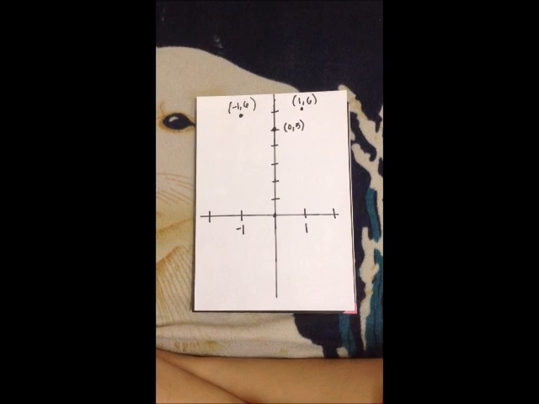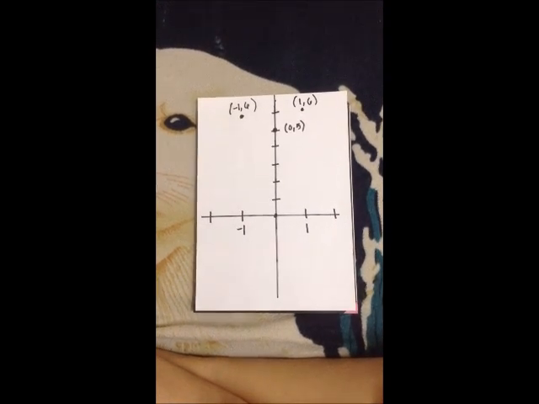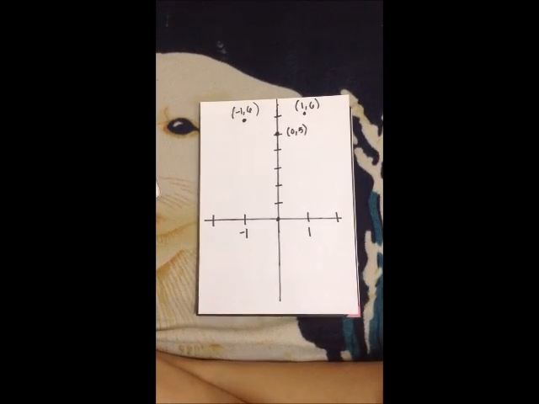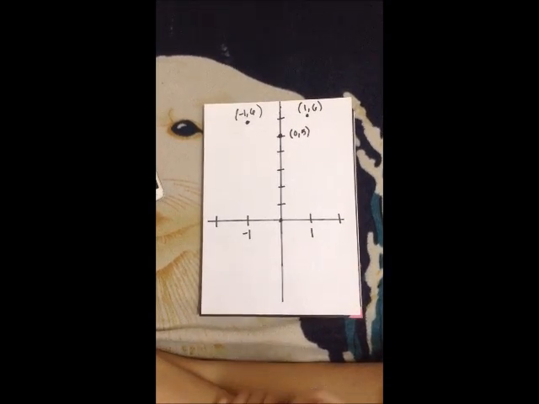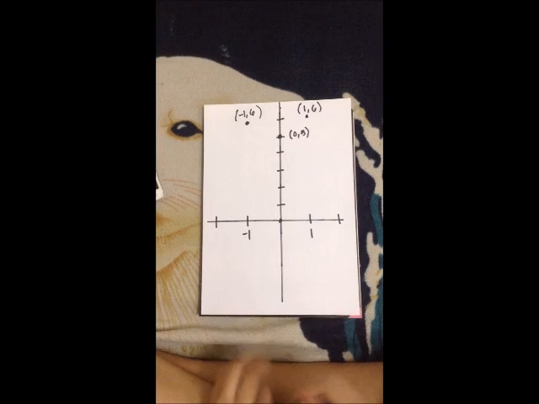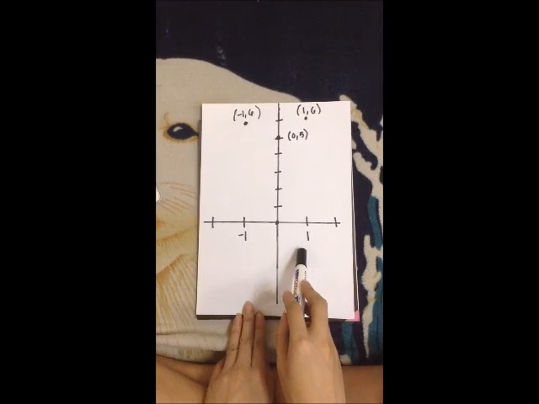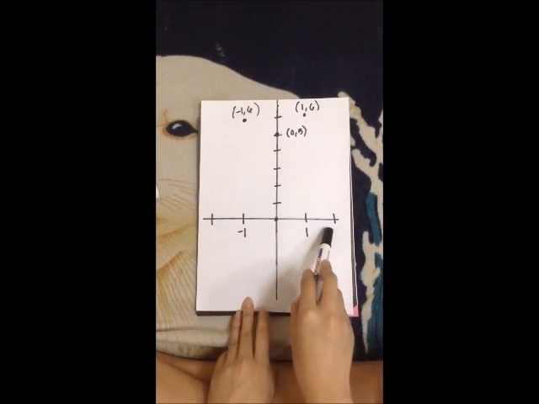And for our third and last point, we have the value of x as +1 and the value of y as +6. Since the value of x is positive, it can be seen on the right side of the x-axis.